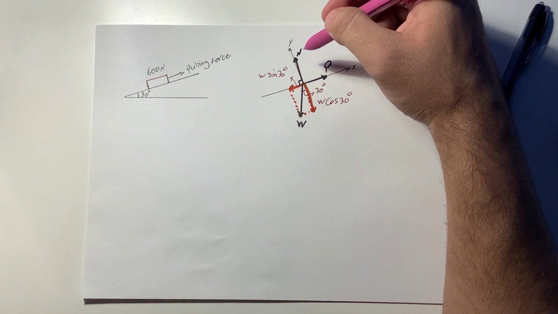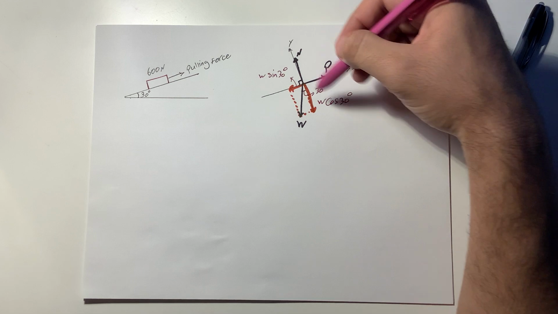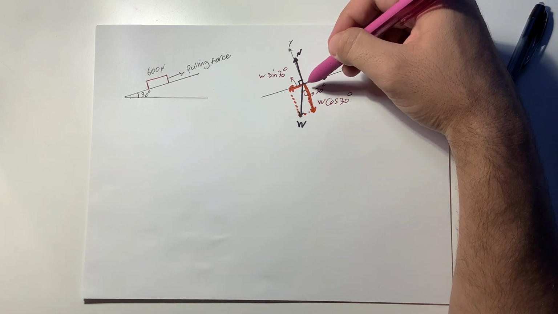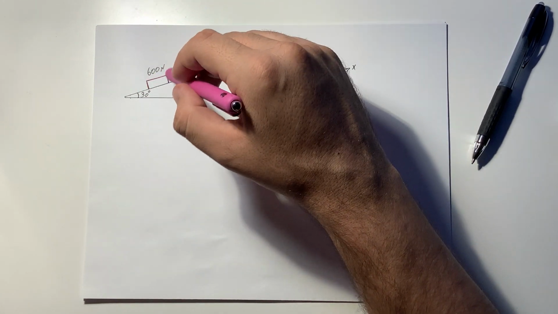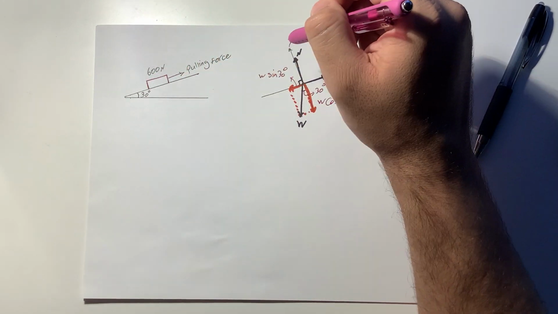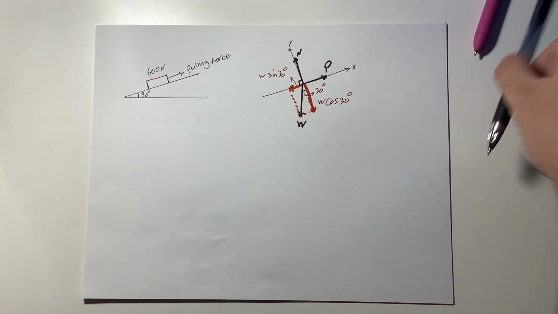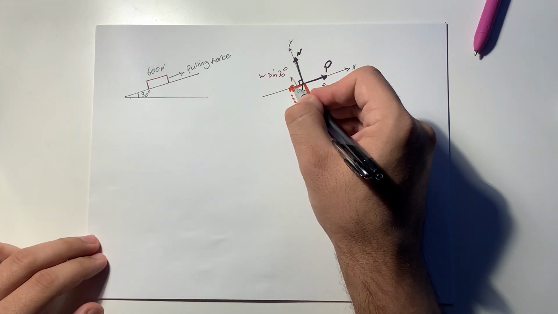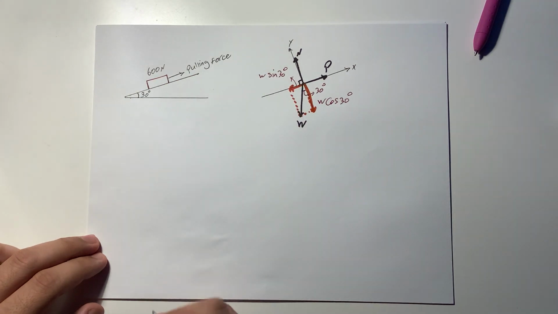One thing to remind ourselves is these two forces cancel each other out. Otherwise, this object would fly off this inclined plane. So, with that being said, we only have this force and this force left for our object.